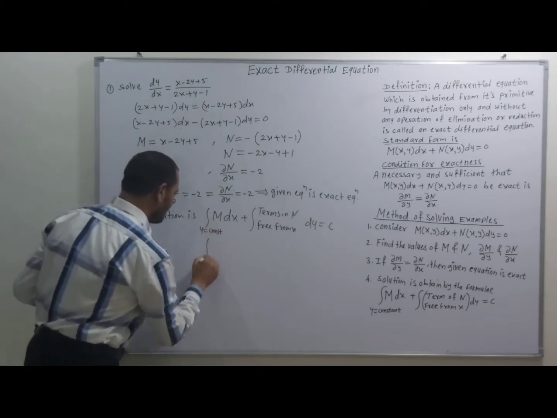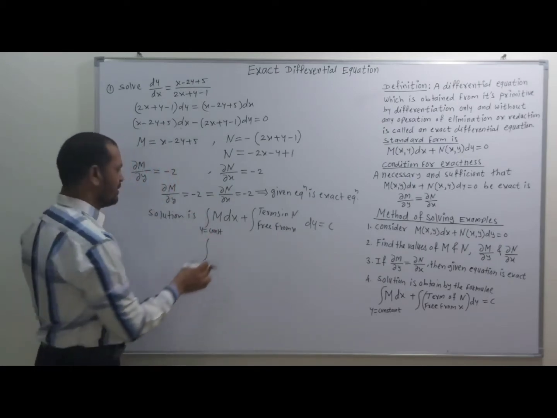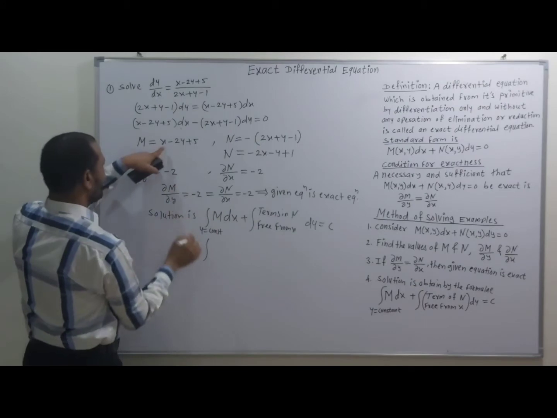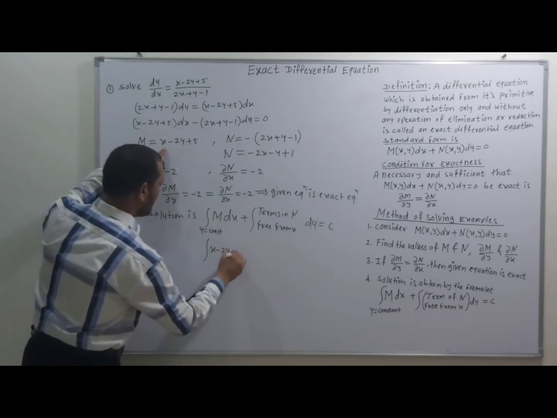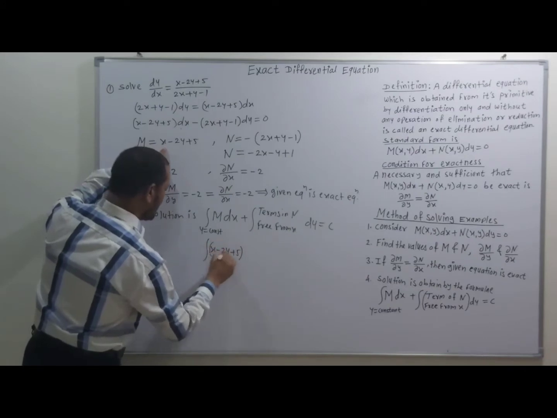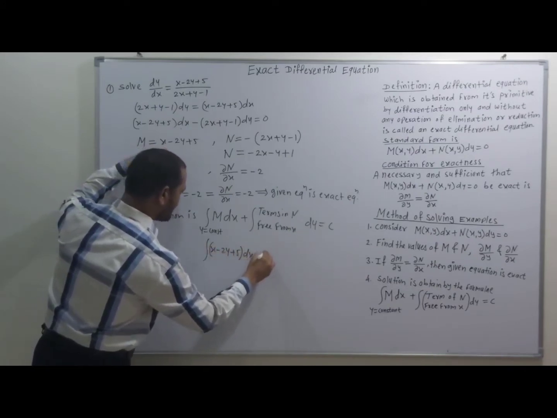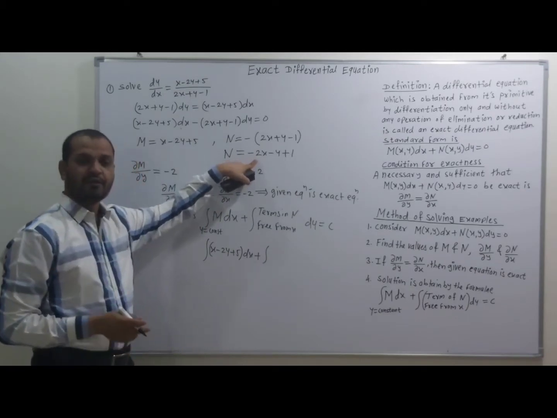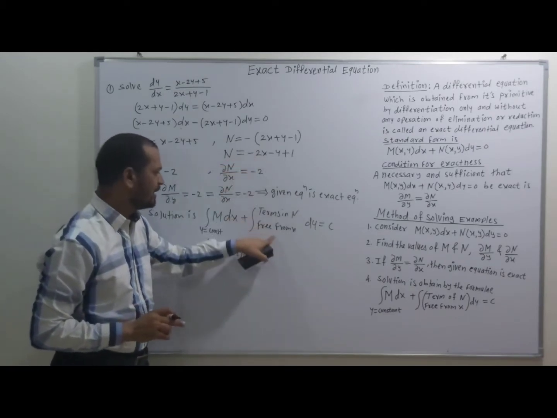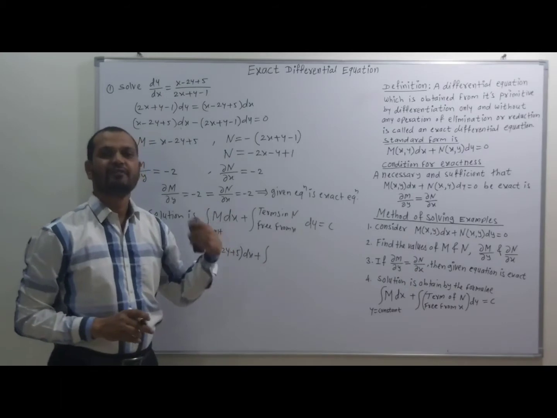Now put the values here. We get the integral of M, which is (x - 2y + 5) dx, plus the integral of N. From this value of N, take only those terms which are free from x.